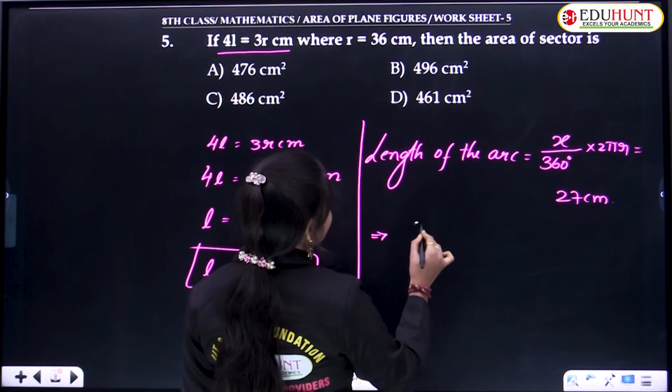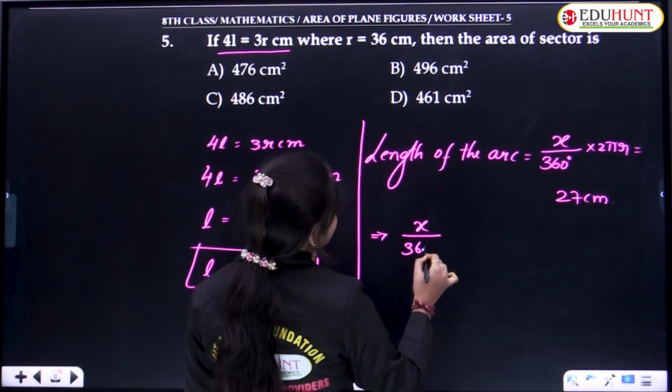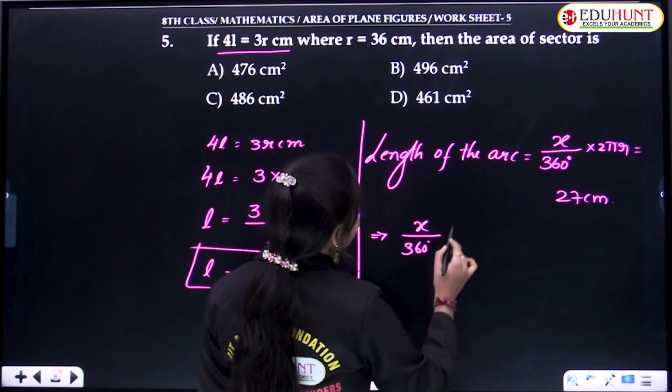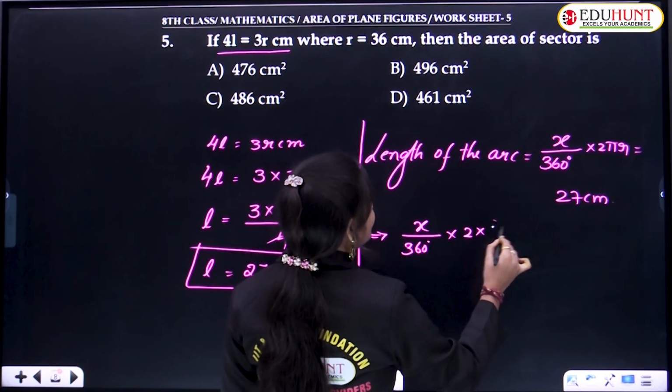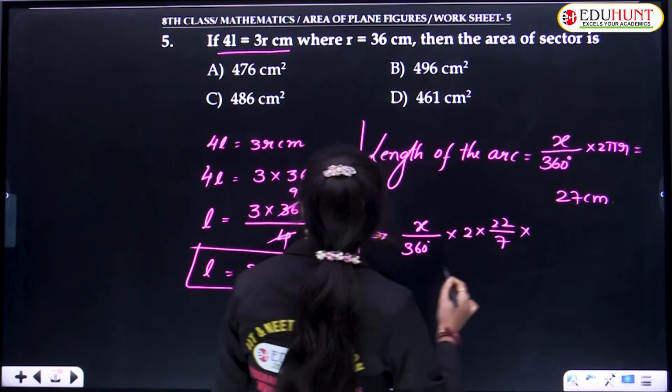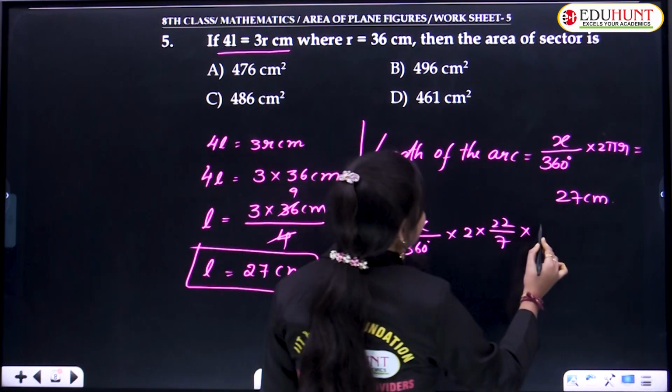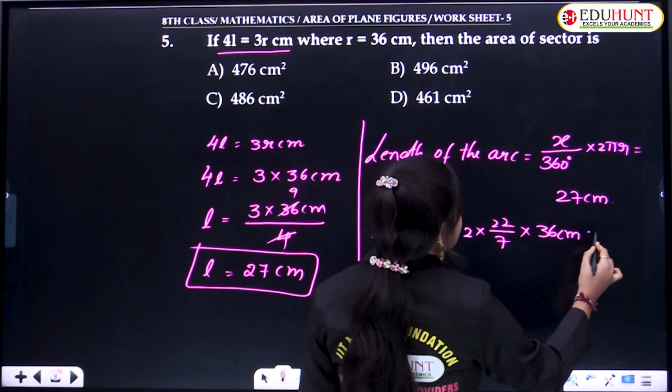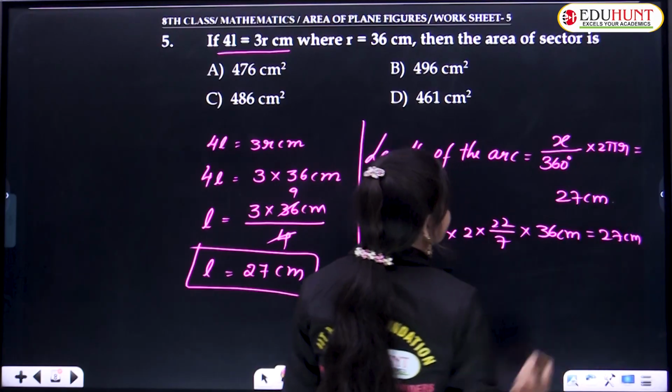Now here x by 360 degrees, again we need to find the x value first, into 2 into 22 by 7 into r is equal to, already they given 36 centimeters, is equal to 27 centimeters.